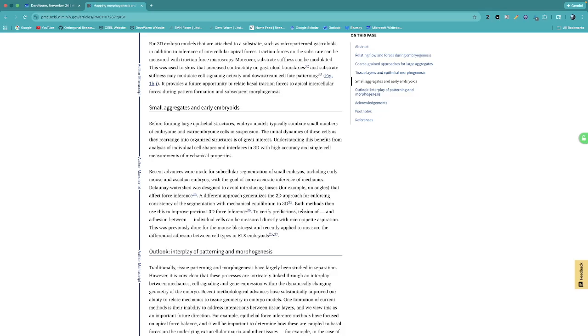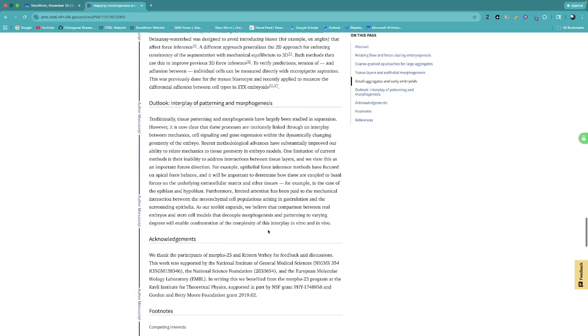To verify predictions, tension of and adhesion between individual cells can be measured directly with micropipette aspiration. This was previously done for the mouse blastocyst and recently applied to measure the differential adhesion between cell types in ETX embryoids. So this is just kind of thinking.